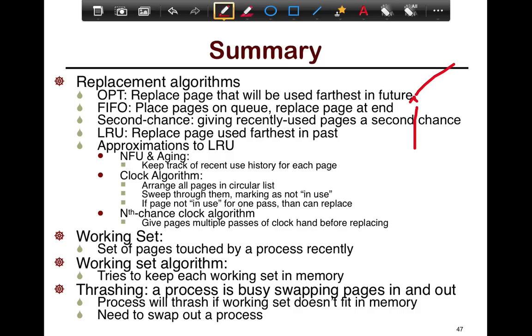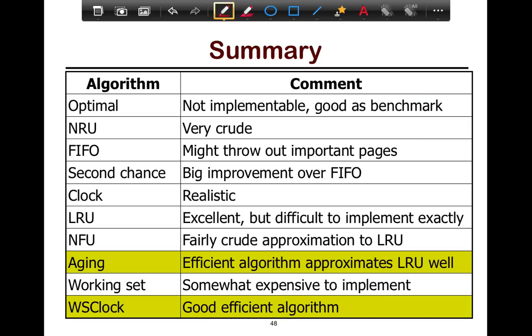And there's nth chance, which is a variant of the clock algorithm, which gives a page more chances to be considered important and does not replace it until it absolutely knows that it's not important. Then we looked at working set, which looks at how to estimate the amount of memory that a given process needs. And we looked at what happens if we don't give a process the amount of memory that it actually needs.